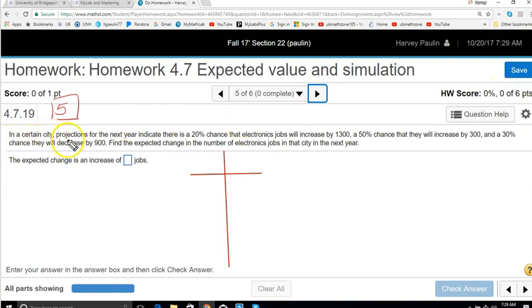So in a certain city, projections for the next year indicate a 20% chance, so that's probability, that the jobs will increase by 1,300. A 50% chance they will increase by 300.